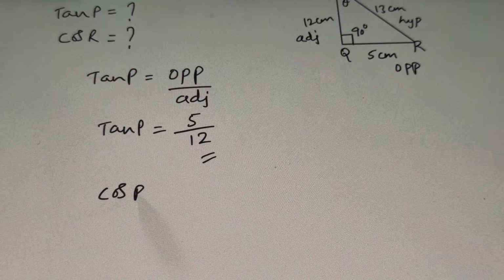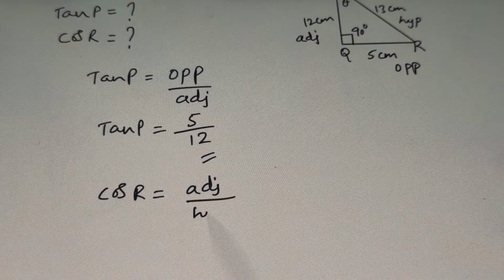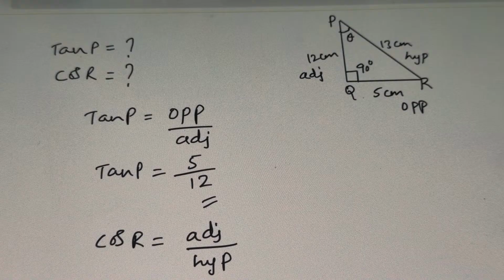Now we need to find cos R. By definition of cos theta we know that it is adjacent by hypotenuse. But here we have to observe, we have to take the angle theta at R. Now opposite to that angle will be the opposite side, so PQ will become opposite.